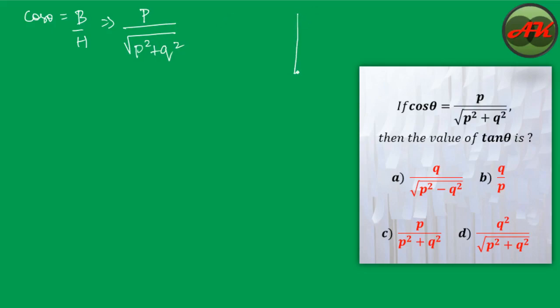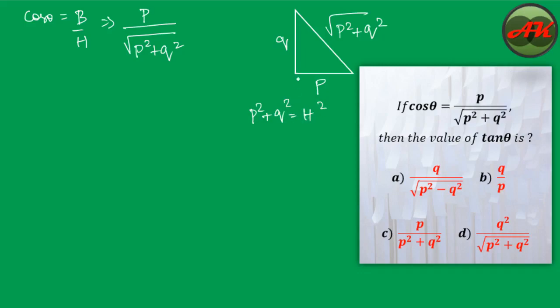Okay, for understanding, let us take the right angle triangle. Here root of P square plus Q square, then base is P here. By guessing we can write this perpendicular as Q. So P square plus Q square is equal to hypotenuse square, from this triangle.